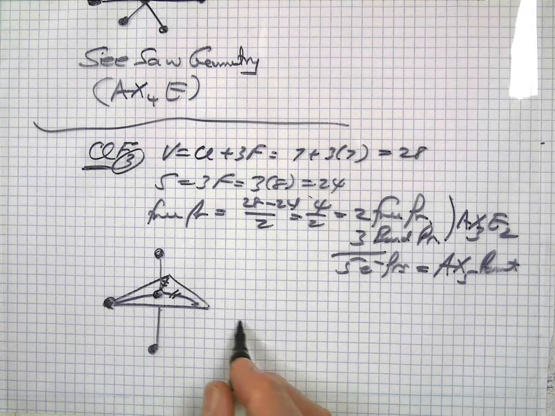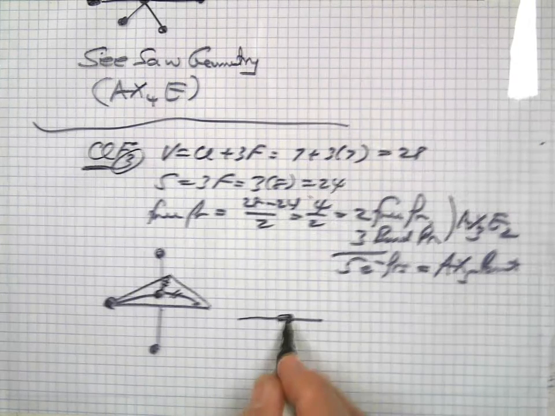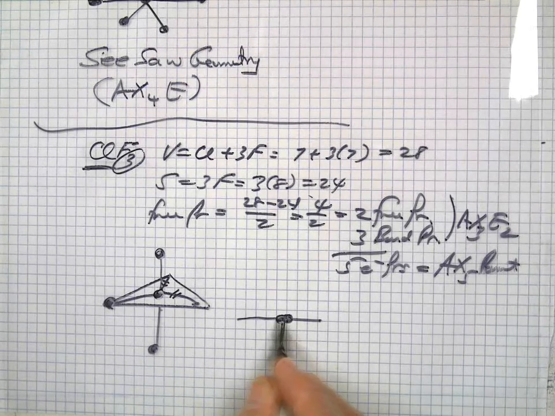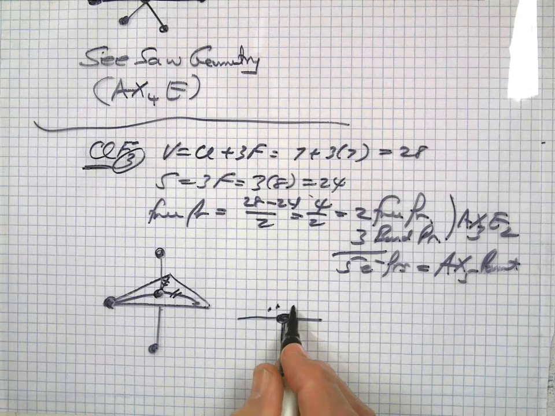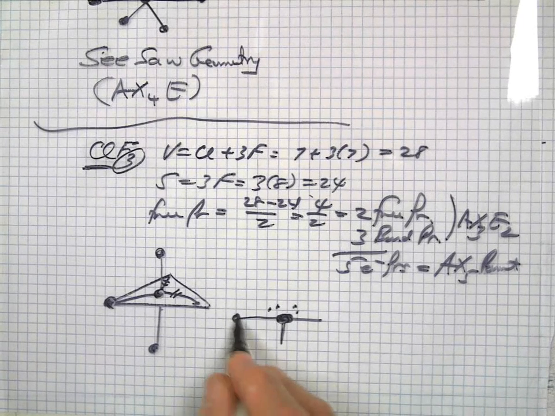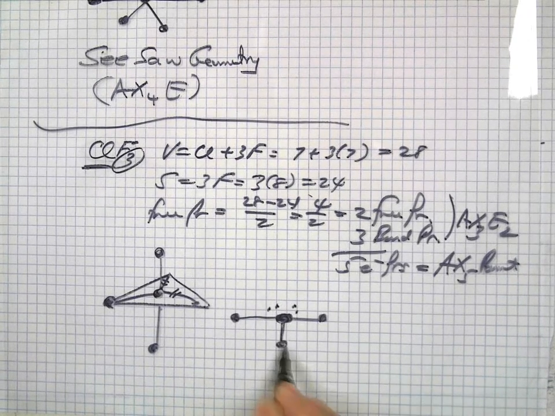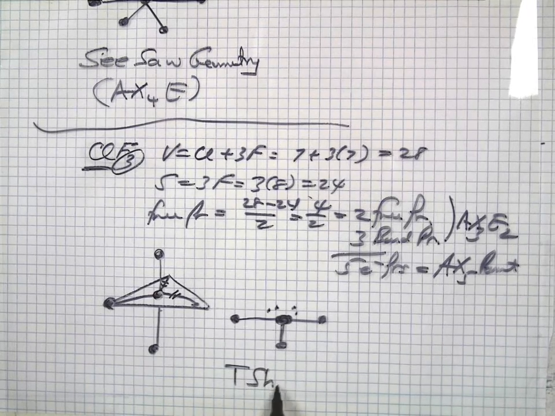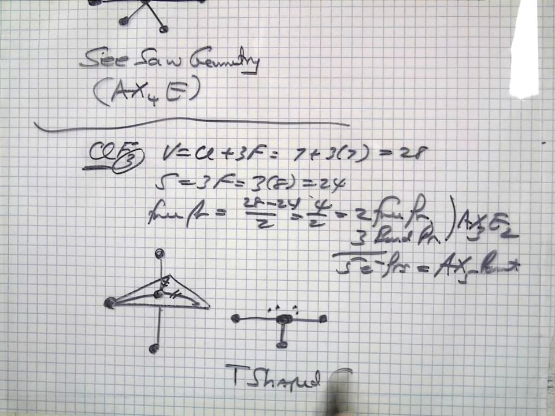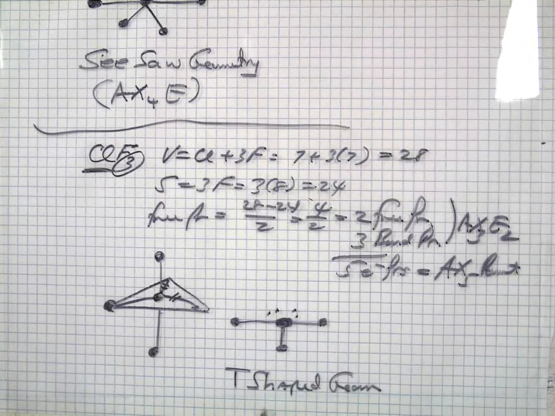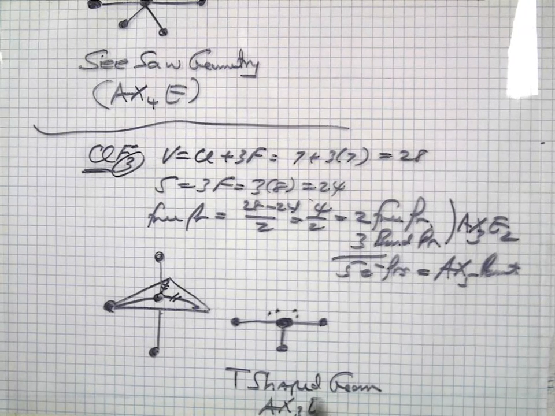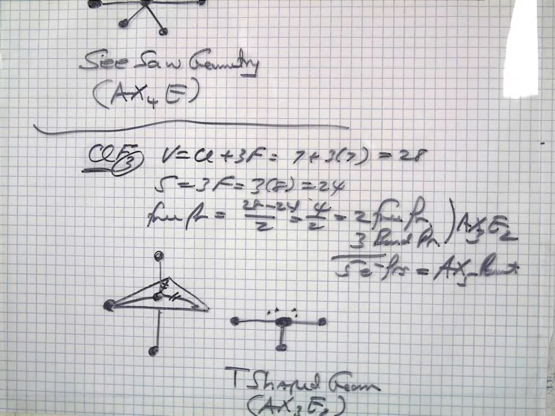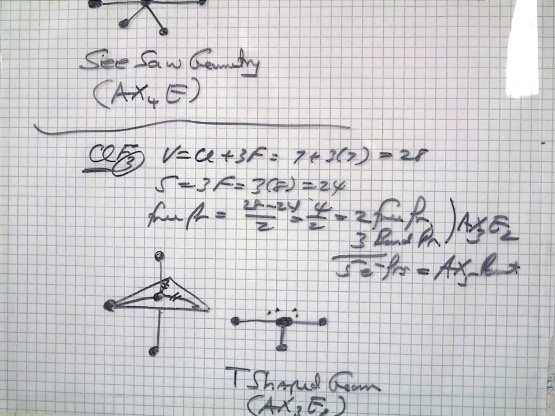You can look at it like this, and it has 2 non-bonded pairs. Some people will draw them like this. And it's a T-shaped geometry, and that's an AX3E2. And all of these are derivatives of the AX5 trigonal bipyramid.